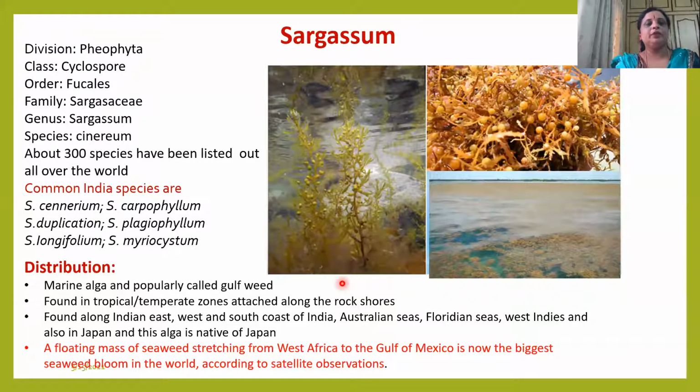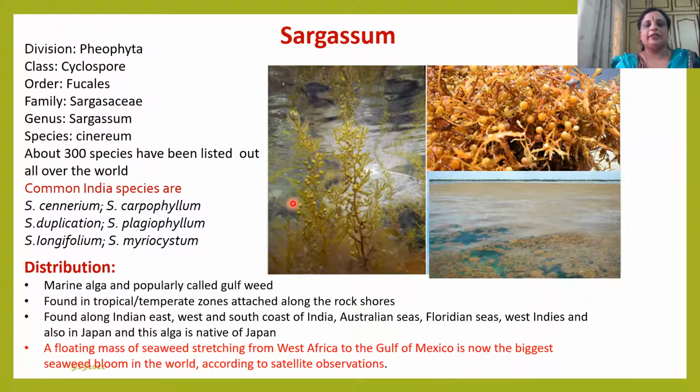You can see them. There are around 300 species, and about 10 species of sargassum have been found in our ocean also, both in the east, west, as well as south ocean. In the coastal region you can come across it in India. And this is commonly called Gulf weed.